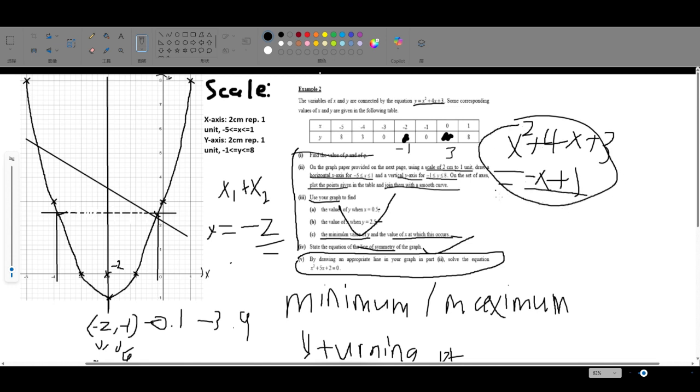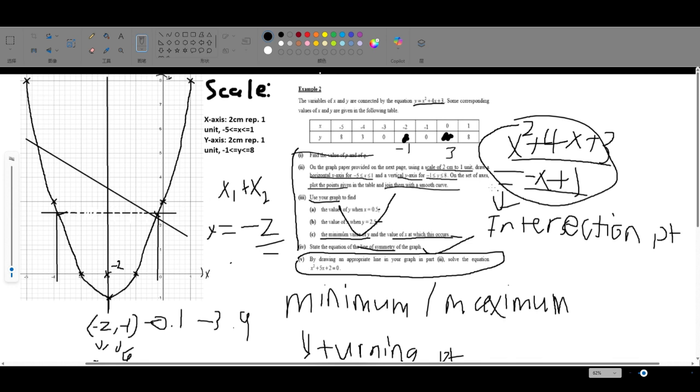So after you get this result, you need to know that this represents the intersection points of these two functions, x squared plus 4x plus 3 and negative x plus 1. So this is the negative x plus 1. Basically, you need to plot it.